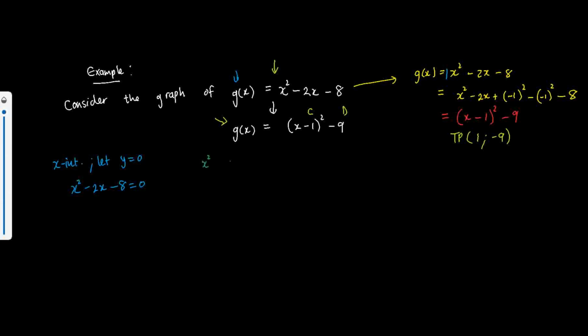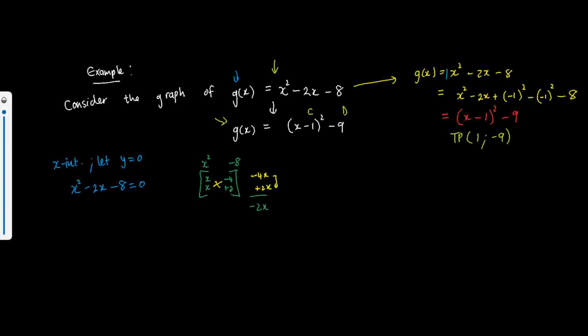So it's going to be x squared minus 2x minus 8. I have x times x gives me x squared, and let's think about this carefully. Let's try negative 4 and positive 2. Why? Because negative 4 times positive 2 gives me negative 8. When I cross multiply, negative 4 times x gives me negative 4x, and 2 times x gives me 2x, and the sum of the products is negative 4x plus 2x, which gives me negative 2x.